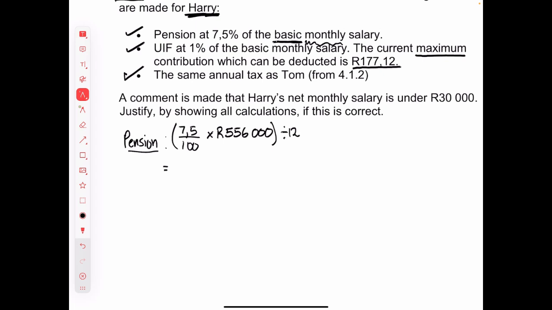Okay, so if you calculate 7.5% of 556,000, it works out to 41,700, and you will divide that by 12, and you end up with an amount of 3,475. So what this tells you is that each month a deduction of 3,475 Rand will be going towards your pension fund.